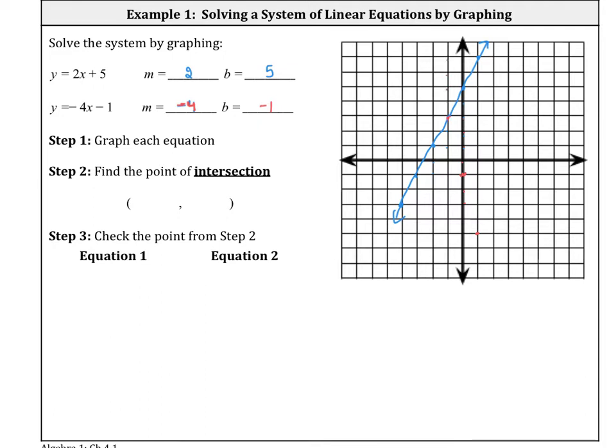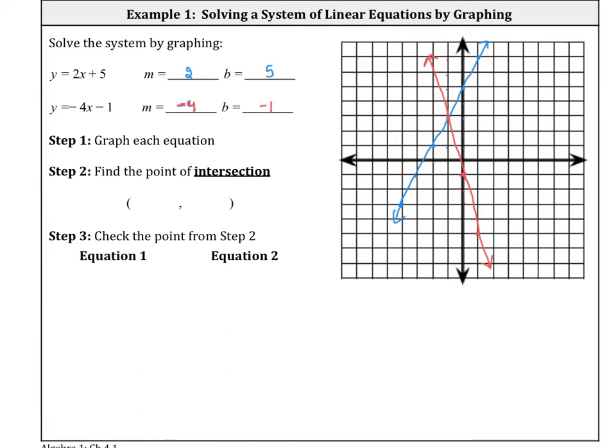Remember, this is a negative slope, so it falls from left to right. The two lines intersect at this point right here, and that point is negative 1 comma 3.